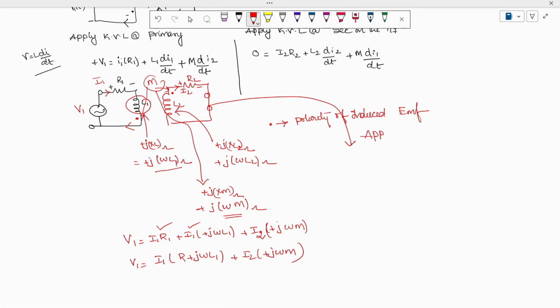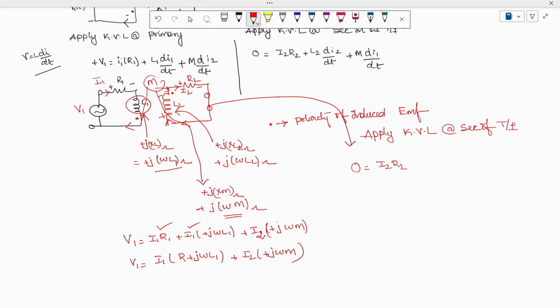apply Kirchhoff's voltage law at the secondary of the transformer. The current is flowing like this, there's no source, so we can write it as 0, and the drop here we are going to write as I2 R2. The current is flowing in this direction, therefore it is positive and negative.